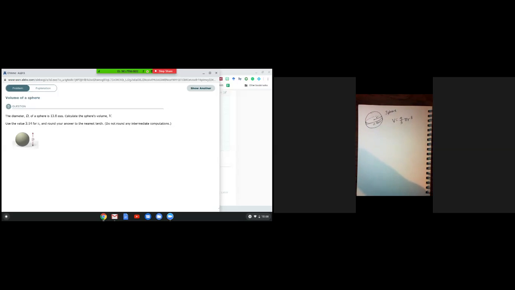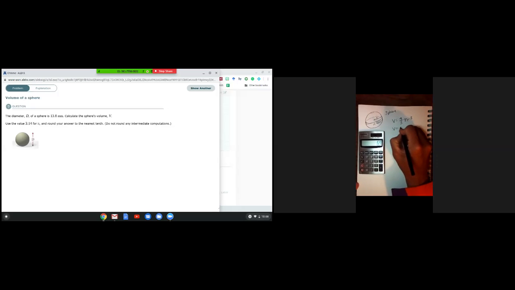All right, we have a diameter that's 13.8. We know our radius is half of that, so let's divide by 2 and we'll get 6.9 and plug into our formula. 4/3 times 3.14 times 6.9 cubed. So we'll do 6.9 cubed first. And we're not going to round that because it said do not round any intermediate computations.